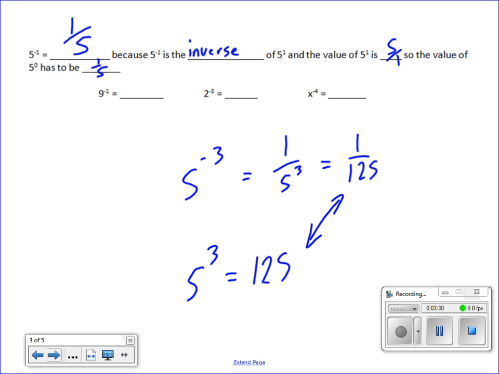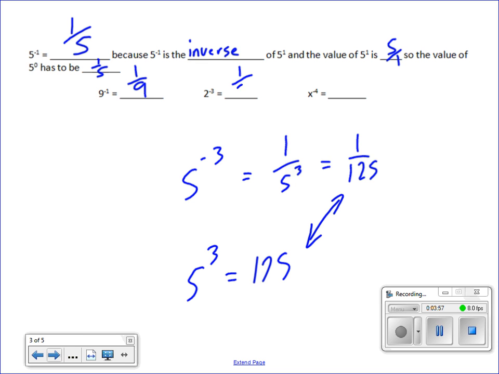It's not going to be 125 over 1, it's going to be 1 over 125. They're just inverted of each other, right? Because you can think of 125 over 1. Those are the same. 1 over 125. They are just inverted.